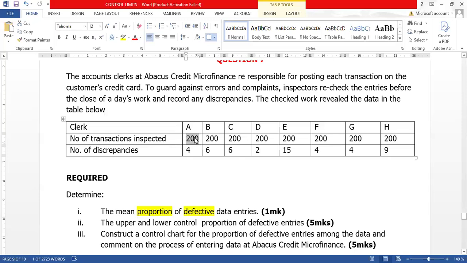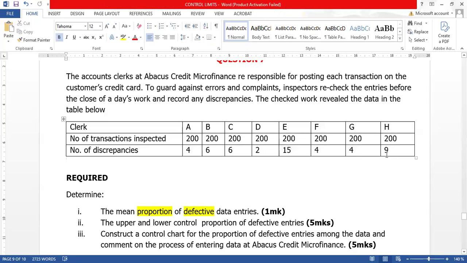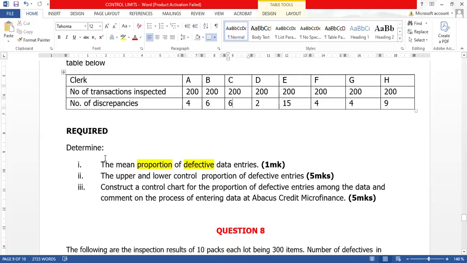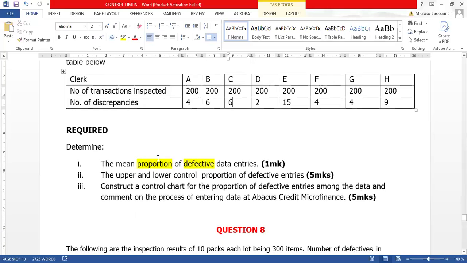Out of the transactions entered by clerk A, 4 had discrepancies or errors. Also here you see that these are from the data revealed. You are in a position to see the number of discrepancies for each clerk. Those are like errors. So how do you get the proportion? Here you need the proportion of defective data entries.